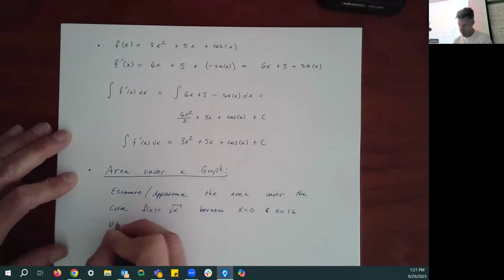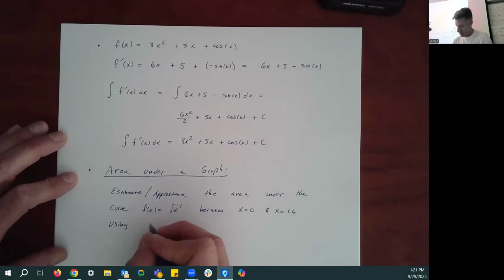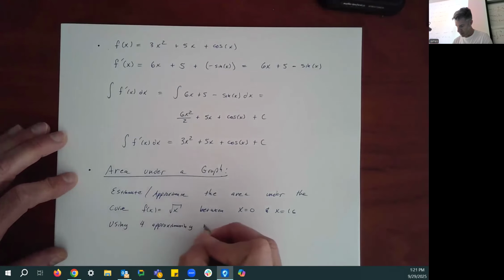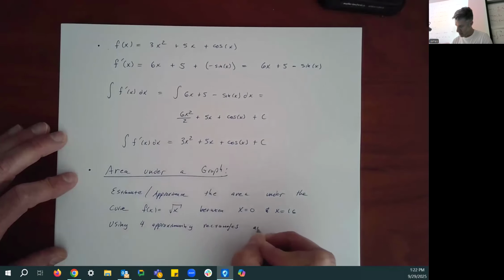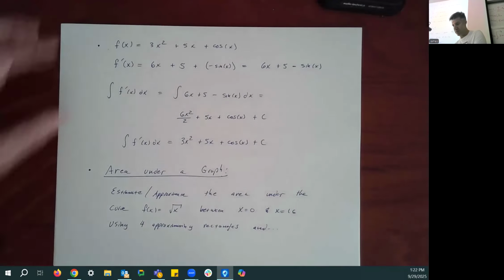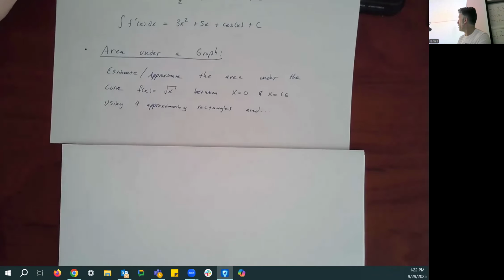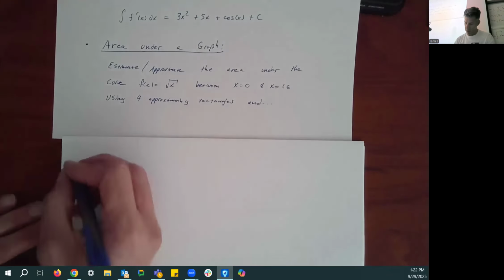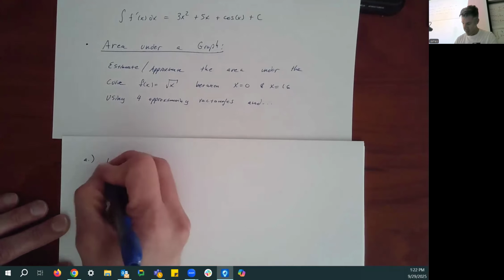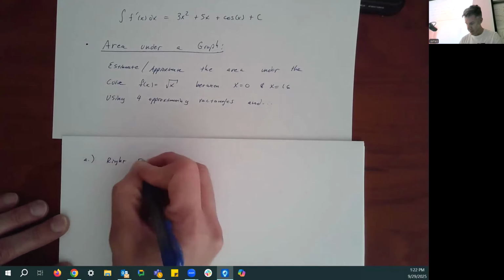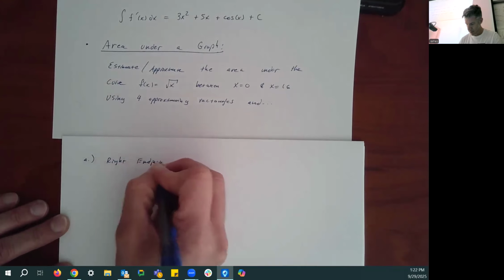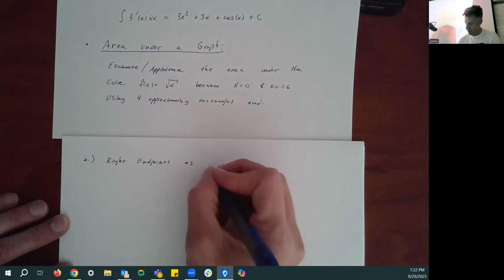We're going to use 4 approximating rectangles. There's even more to be said there, but we'll do that in a second. So for this first approximation, we're going to use right endpoints as sample numbers.